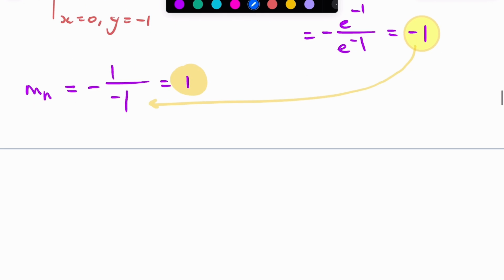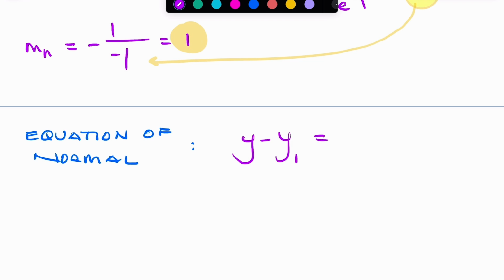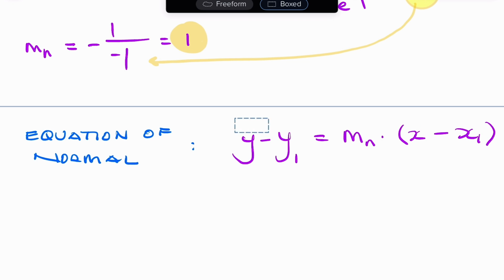So the last step is to find the equation of the normal. Now remember, the normal is simply a straight line with a given gradient. So the equation is y minus y1 equals the gradient times x minus x1.